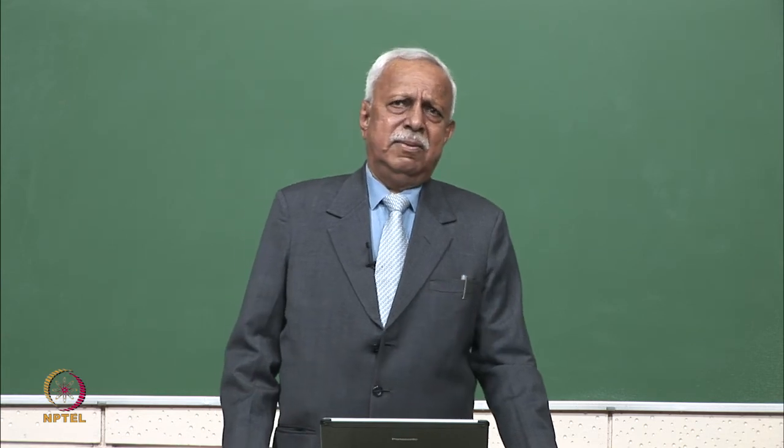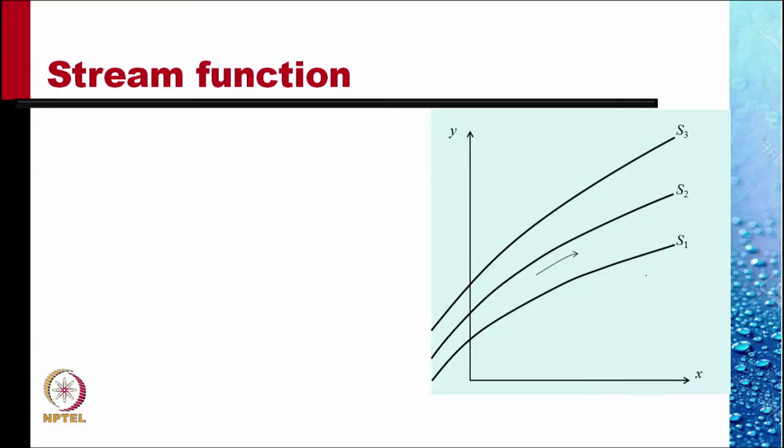Let's again consider the same picture. Three streamlines S1, S2, S3. The flow between S1 and S2 is moving towards the right as shown. Consider point A on S1 and points B and C on S2.